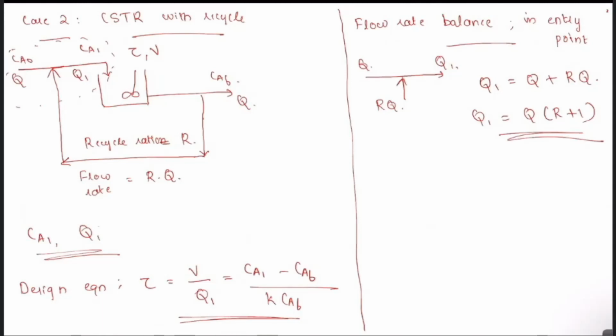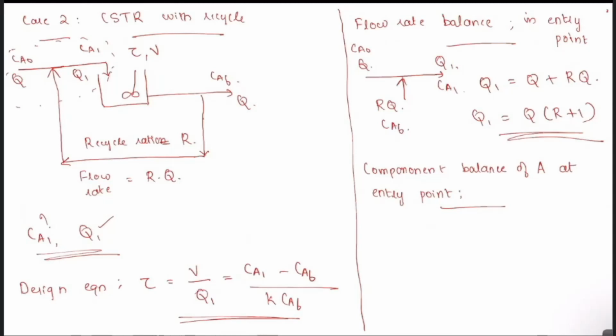Now we need to find Ca1. So for Ca1, what we'll do is we'll write the component balance of A at entry point. So here it was Ca0, here it was Caf, and here it is Ca1.